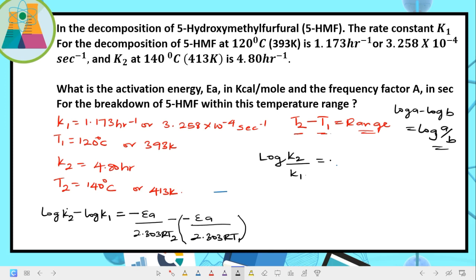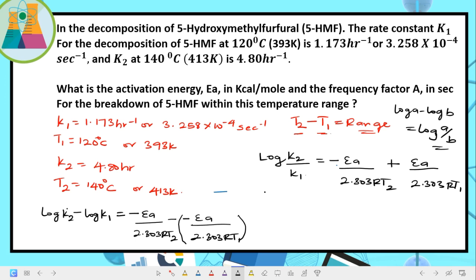You agree with me that this is minus EA all over 2.303 RT2, minus times minus is plus EA all over 2.303 RT1. Now what is common between everything here? EA is common, 2.303 and R are common, everything here is common apart from T1 and T2.